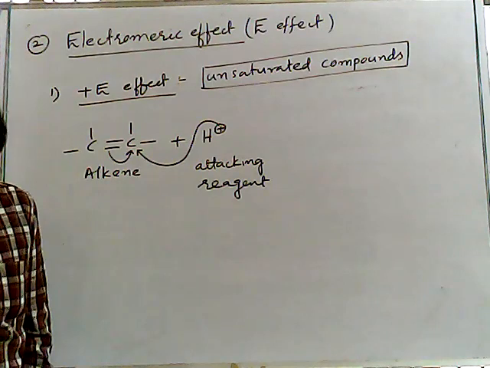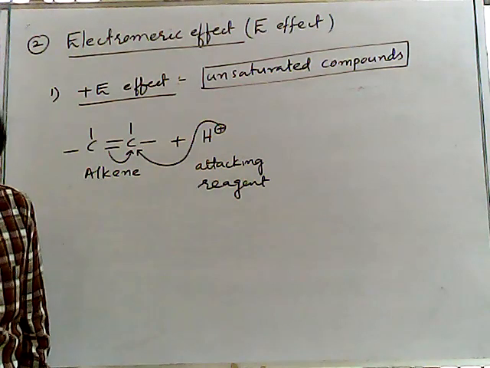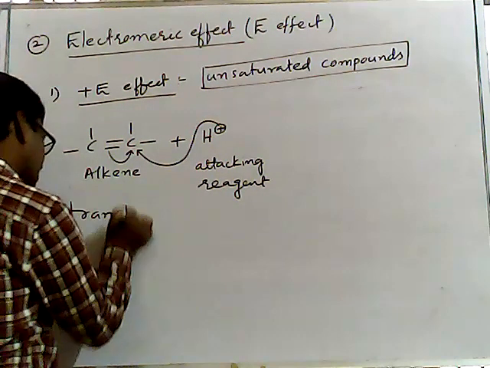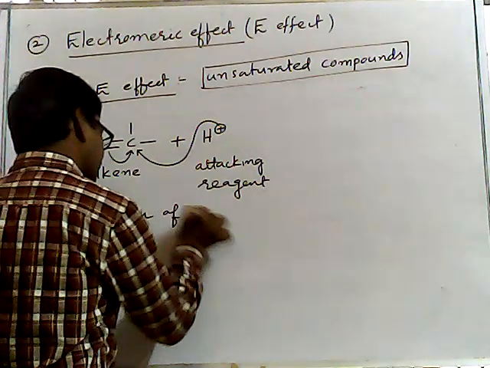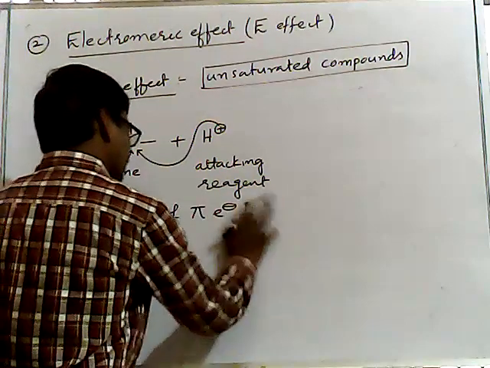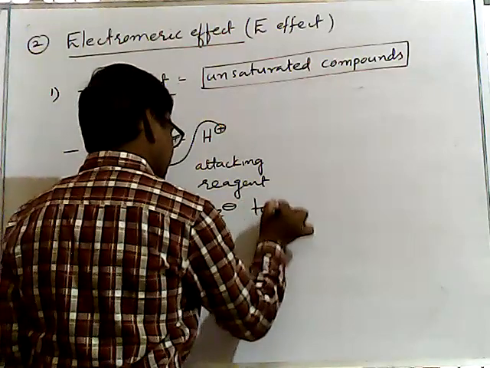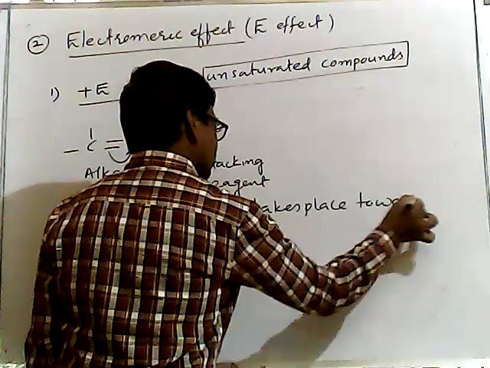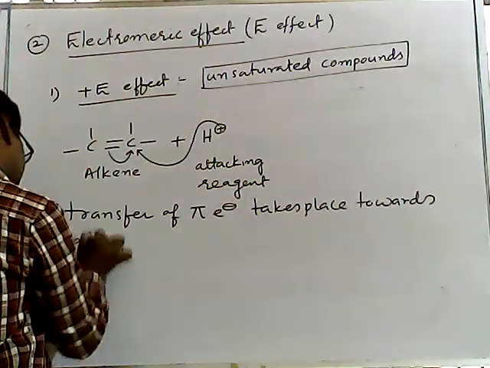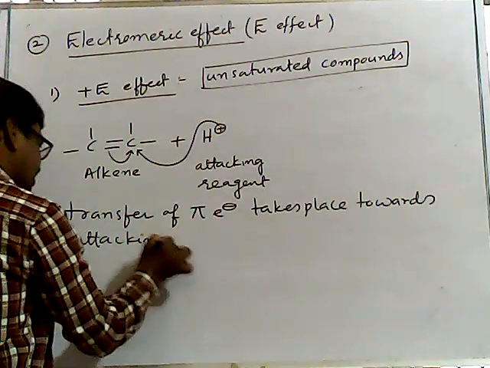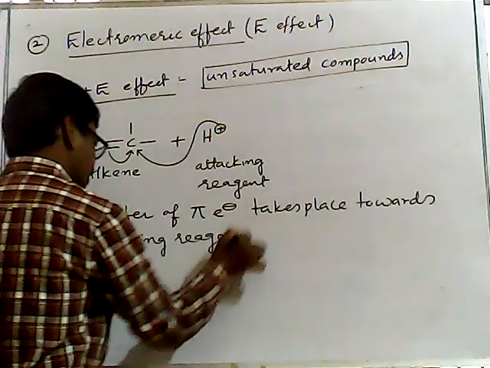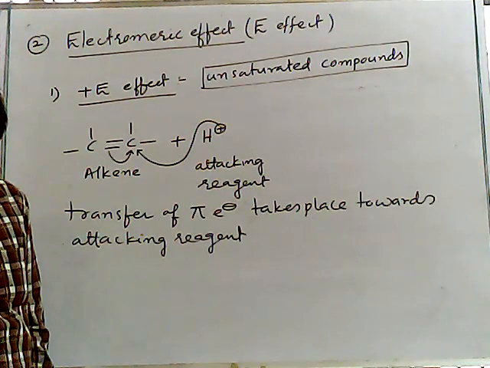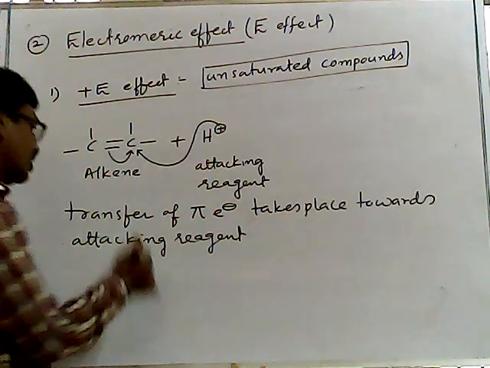The plus E effect is when transfer of pi electrons takes place towards the attacking reagent. Transfer of pi electrons towards the attacking reagent is called the plus E effect.